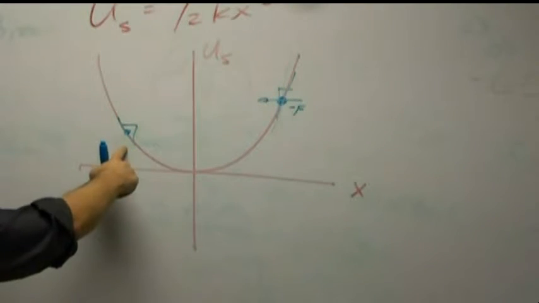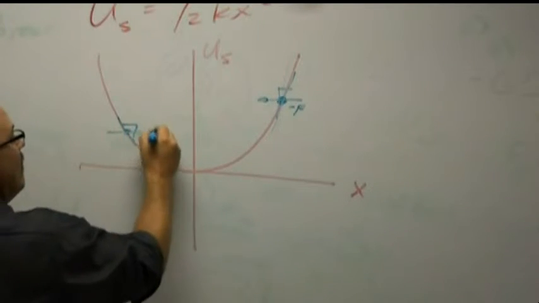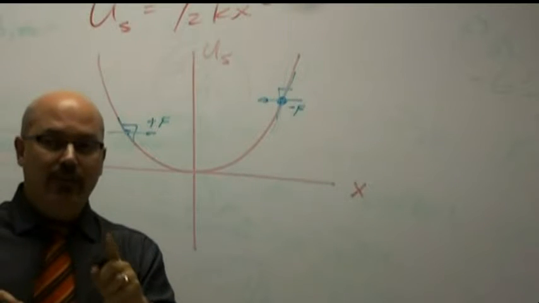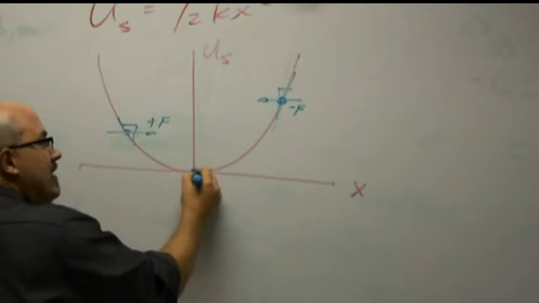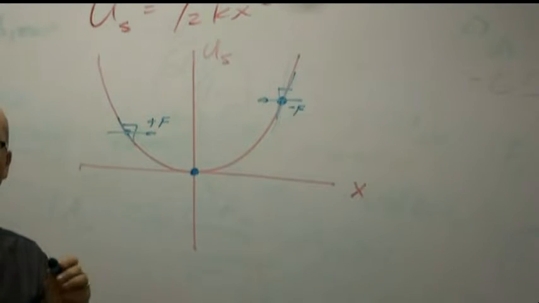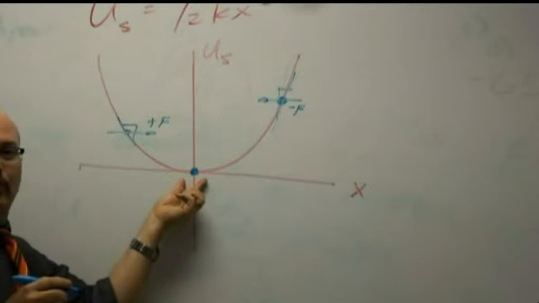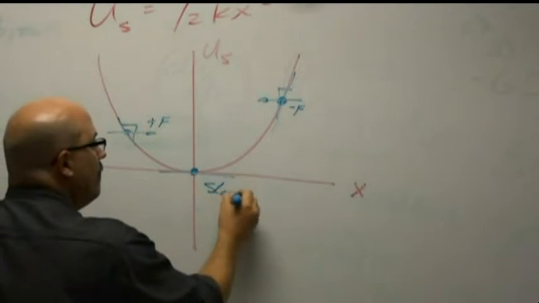I have a negative slope, so therefore my force will be in the positive direction. I'll have a positive force pushing it back. Do we have an equilibrium position here? Yes. What's the definition of equilibrium? Where all the forces equal 0. How do I know the forces equal 0 here? Because the slope is 0.